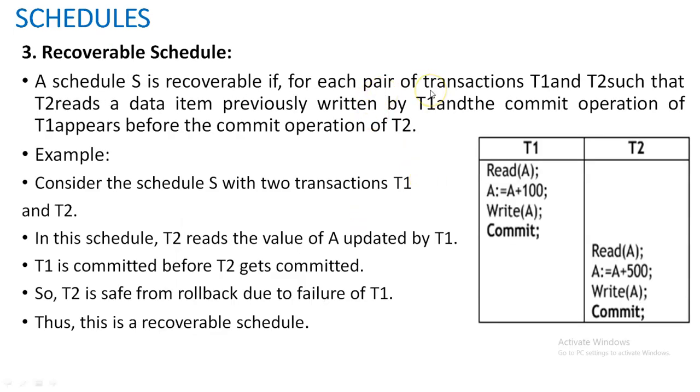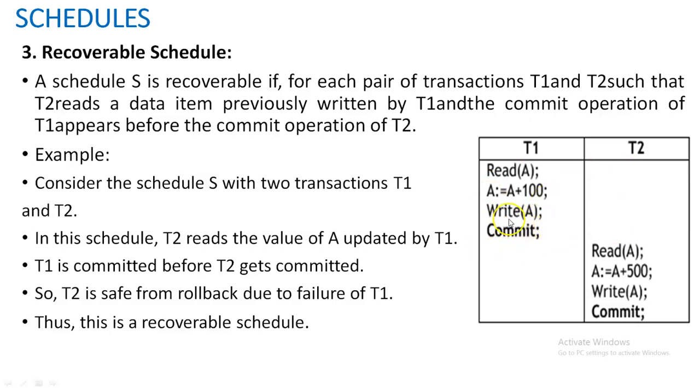The next one is recoverable schedule. In this table, after completion of T1, T2 has been started. So this will come under serial schedule also. But why is this said to be a recoverable schedule? Here, after the completion of T1, a commit command has been given. Commit is used to save a transaction completely in the database.